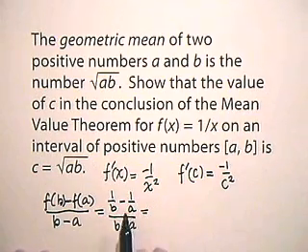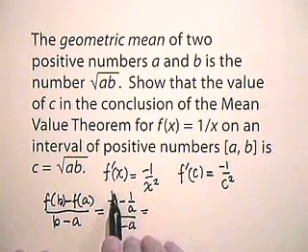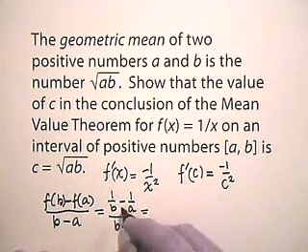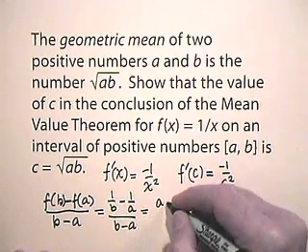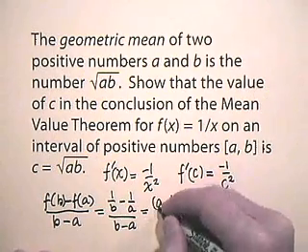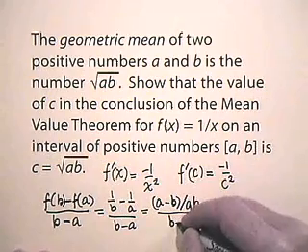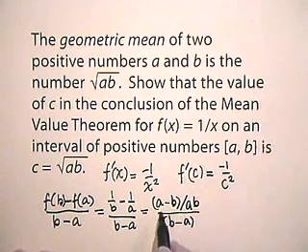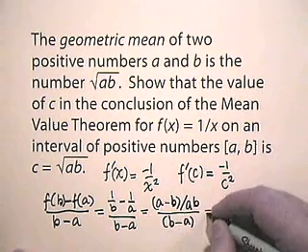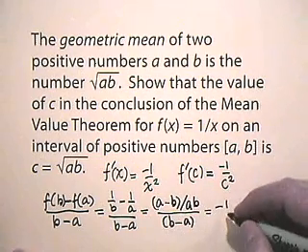In the numerator here, let's get common denominators by cross multiplying. So we'll have a minus b divided by ab all over b minus a. Notice a minus b divided by b minus a is simply negative 1, and so we end up with negative 1 divided by ab.